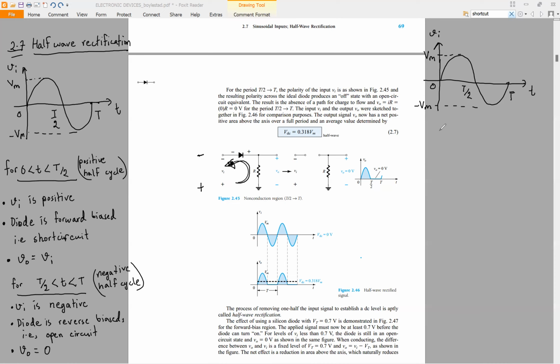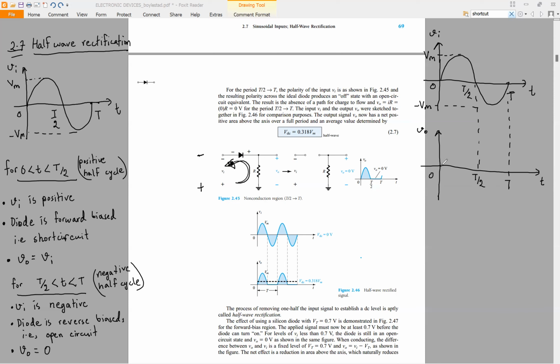So for this input, what will be our output? So this is Vout. What will be the output? The output will be equal to the input.